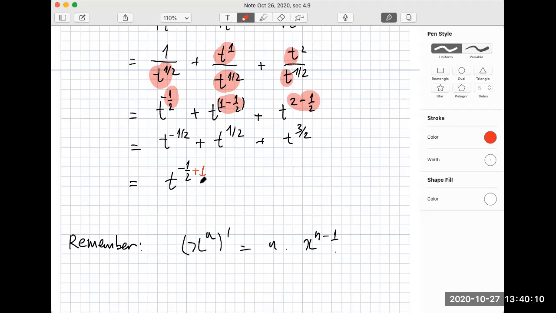Plus 1. In order to find the antiderivative of this, it would be this power plus 1, right? The difference of these two powers is 1, okay? But we should divide it by this number, negative 1/2 plus 1. Okay, that is the first term.